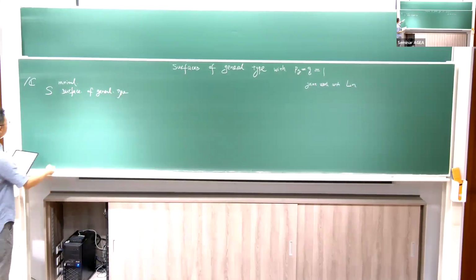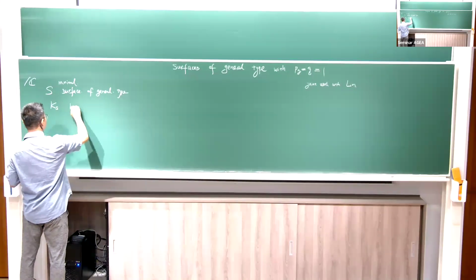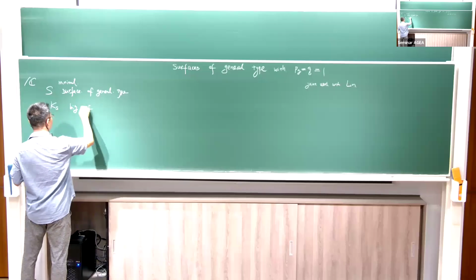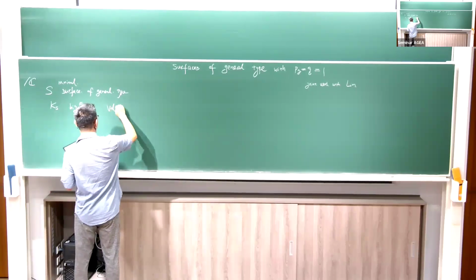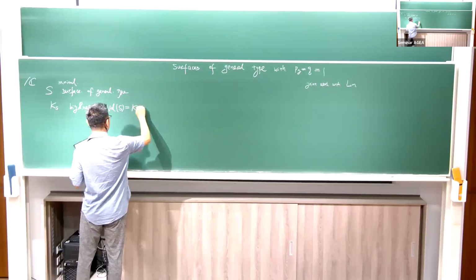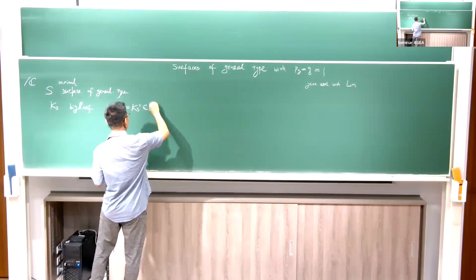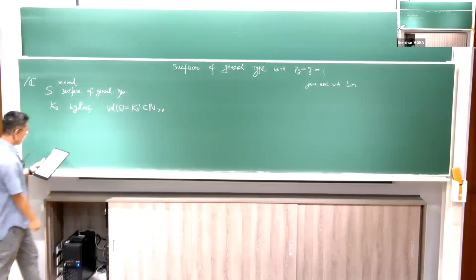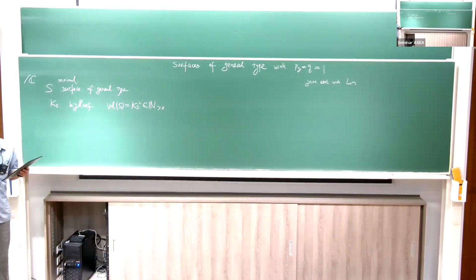Since S is a minimal surface of general type, the canonical bundle K_S is big and nef. So the canonical volume of S is nothing but the self-intersection K^2, which is a positive integer. For surfaces, there are some important birational invariants.